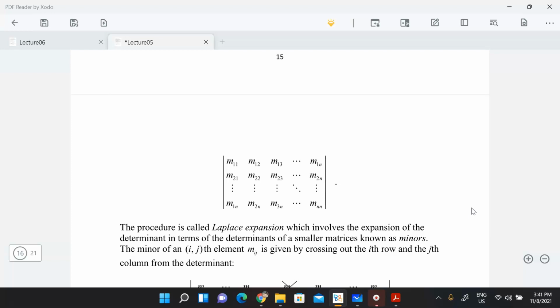The procedure is called the Laplace expansion, and there is another procedure which uses the index notation. Actually, the Laplace expansion and the index notation are related to each other. So we'll do that probably in the next lecture or so.